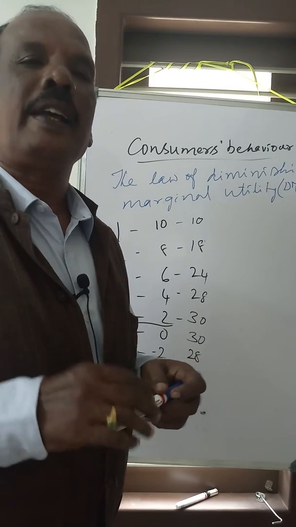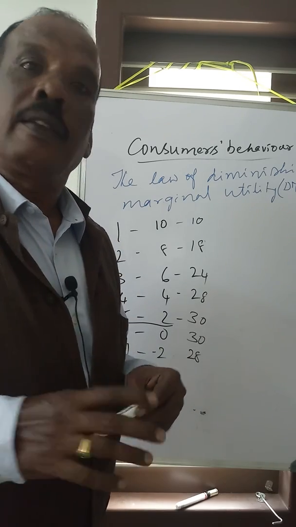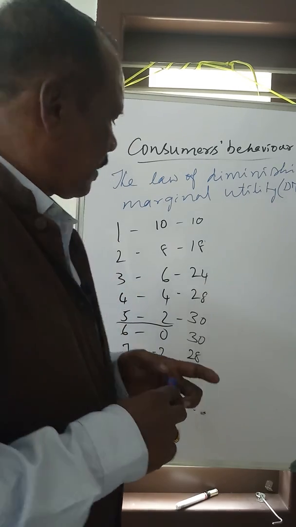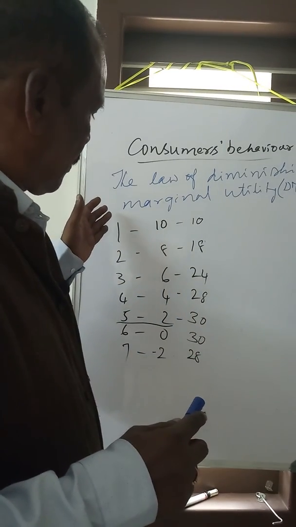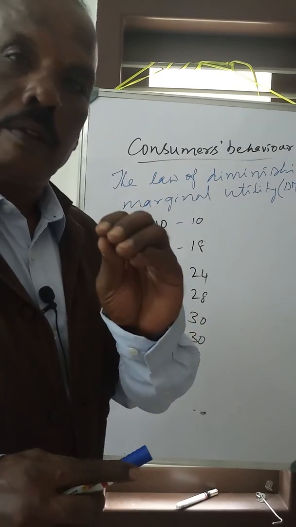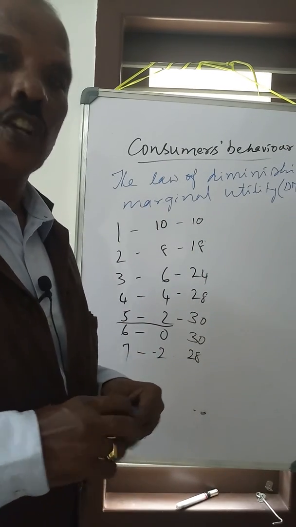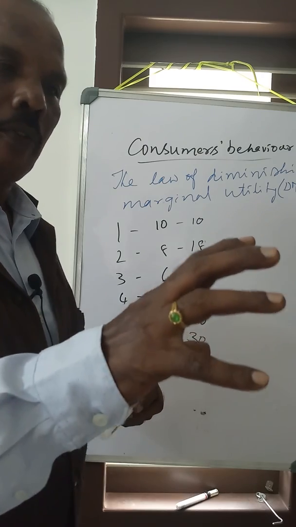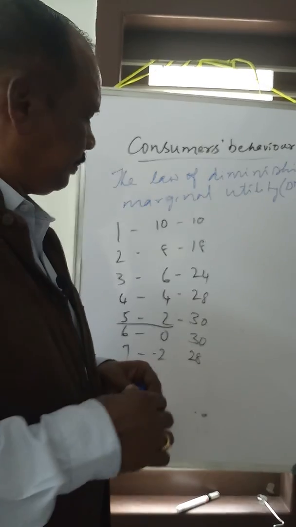Now let us explain this law of diminishing marginal utility with an example. Say, for example, the consumer consumes 6 or 7 units of jamun. These jamuns are of the same size, same taste, same quantity.